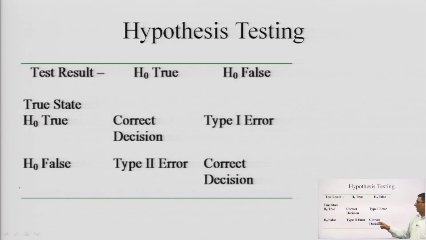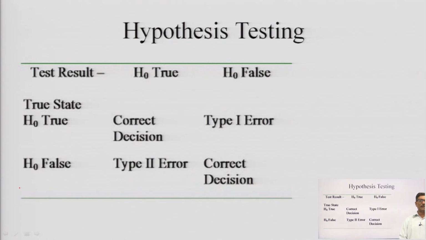Second, in true state the null hypothesis is false, but the test result shows the null hypothesis true. So, this is called type 2 error or beta error. And the fourth case is when the null hypothesis is false and the test result shows false, this is the correct decision.